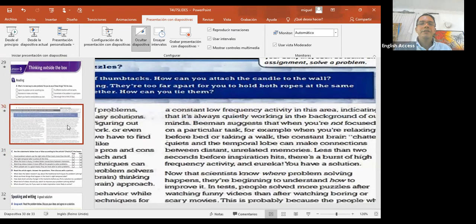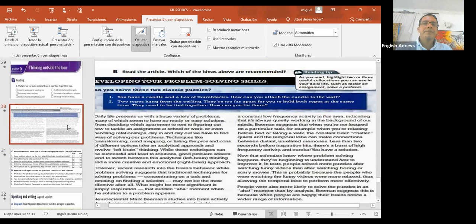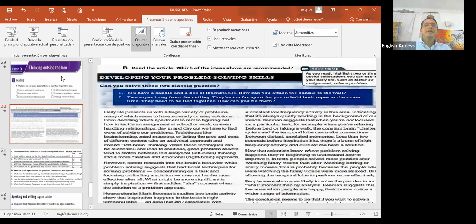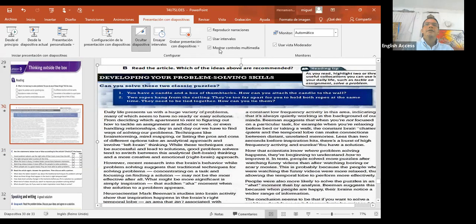This is a reading. We have different ideas here. Okay, how many paragraphs do we have? Let's check it one by one. We have 6 of you today.